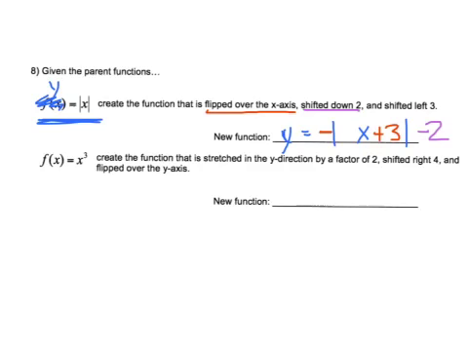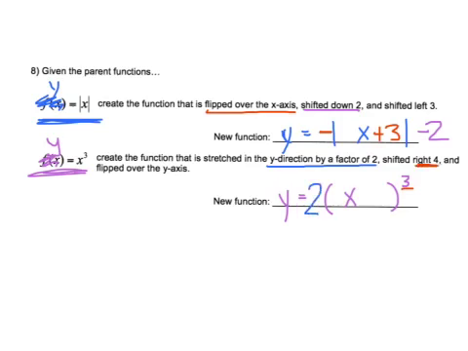Remember, those are opposites. Our next parent function is x cubed. So I'm going to do the same thing. y equals big parentheses and a cubed symbol with an x inside. Notice that cubed symbol right here goes outside our parentheses. So this is not going to be on your summative, but it's still good to know. Stretching in the y direction by a factor of 2 goes outside parentheses, so we're going to shove a 2 out front.